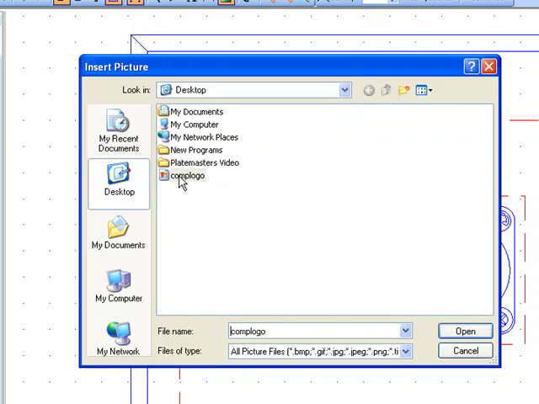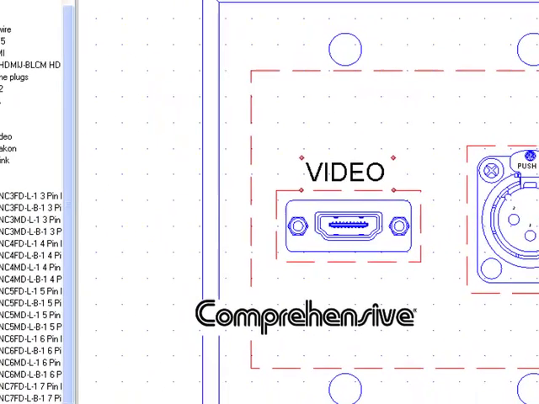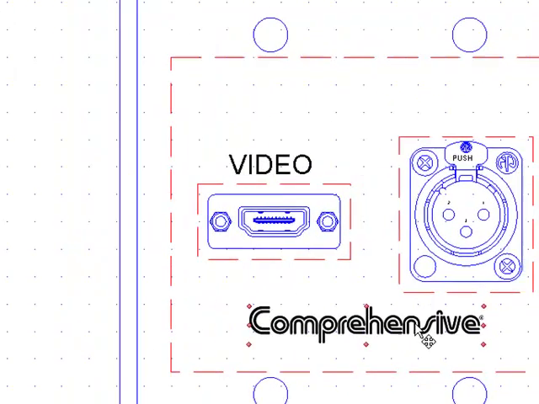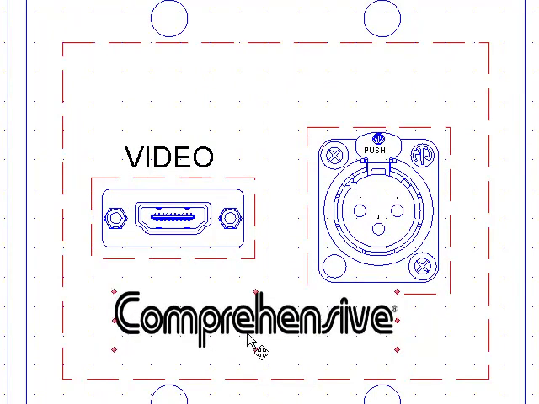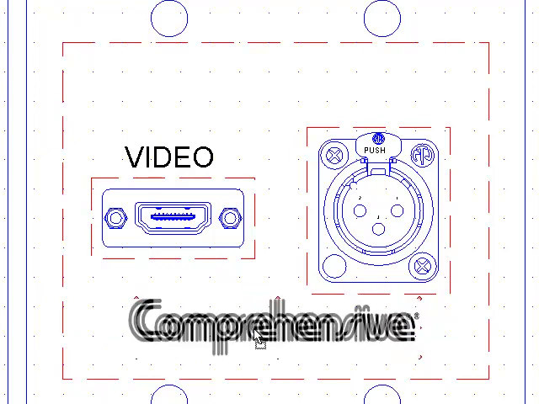When you find your logo, select it and open it. At this point, you will need to click the pointer tool to size and position your logo exactly where you'd like it displayed. By grabbing any of the red markings on the outside, I can resize my logo. And by selecting the center, I can move it around.